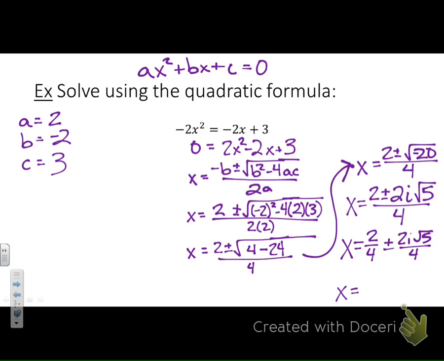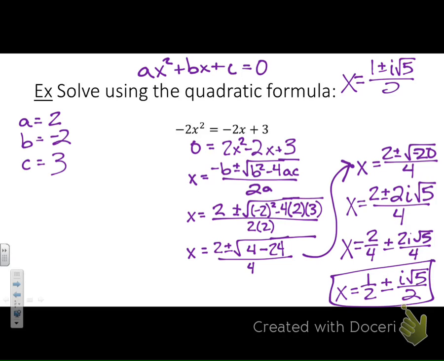Two fourths, I'm looking at 1/2 plus or minus i root 5 divided by 2. I could either write my answer like this or have everything being divided by 2, meaning this is another way to write the answer.